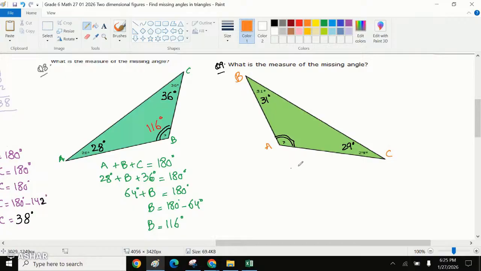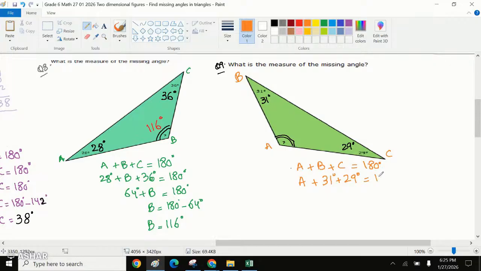So can we say that the sum of the three interior angles of a triangle is always 180? The angle A is missing, but B is given to us. And the angle for C is 29.